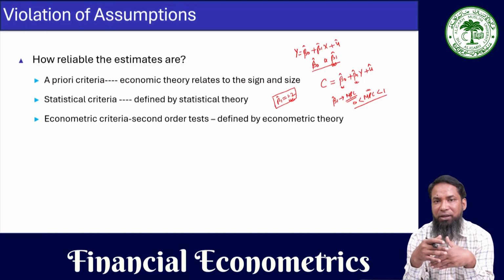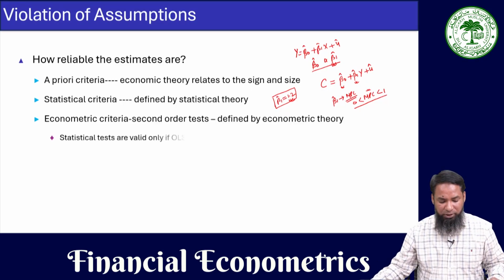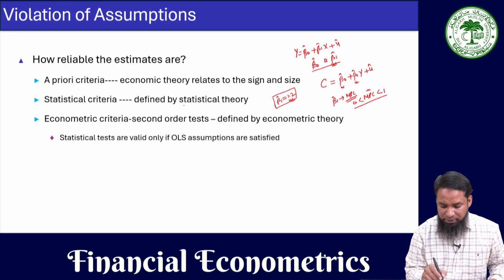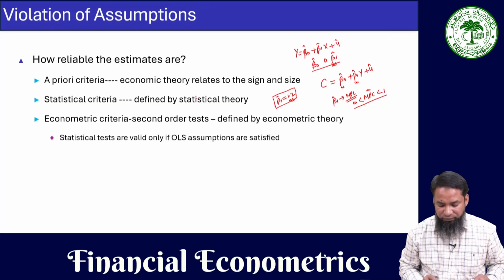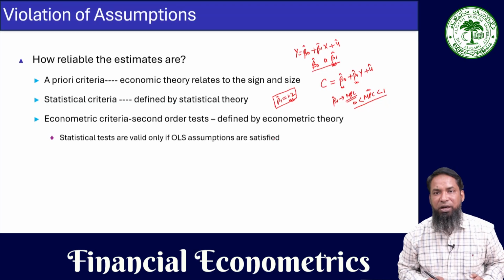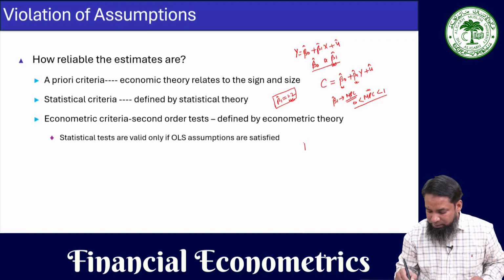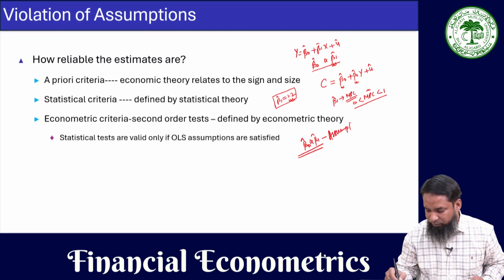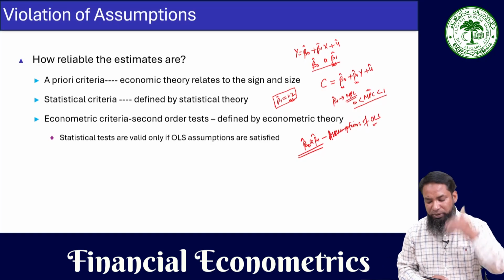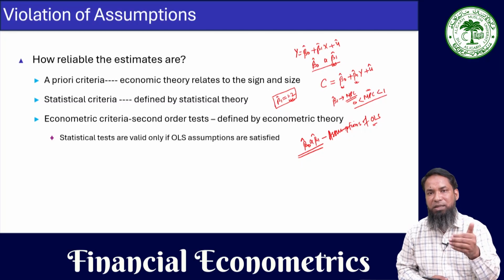So why do we have the second order test criteria? If you recall, these statistical tests are valid only if the OLS assumptions are satisfied, because the statistical properties of these estimates depend on the assumptions of OLS. We derived OLS assuming that those assumptions are satisfied.